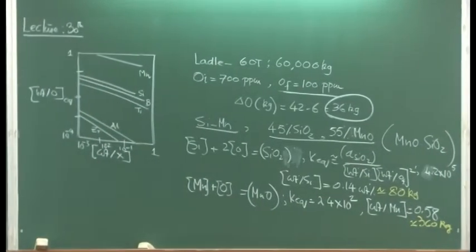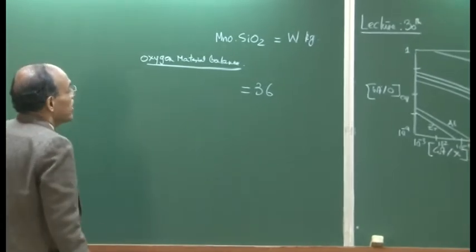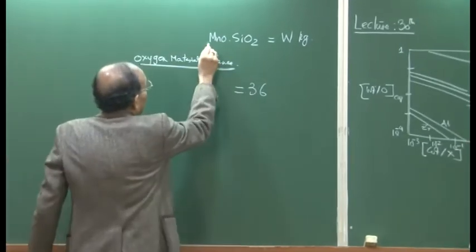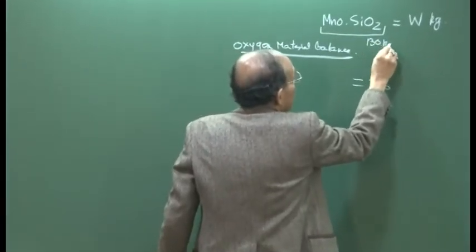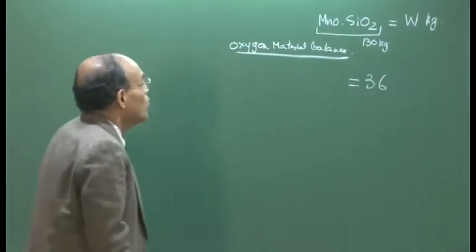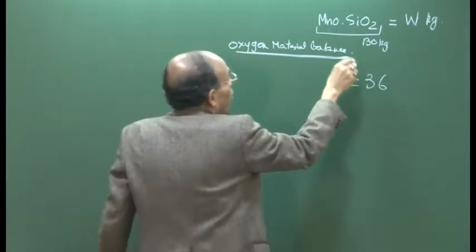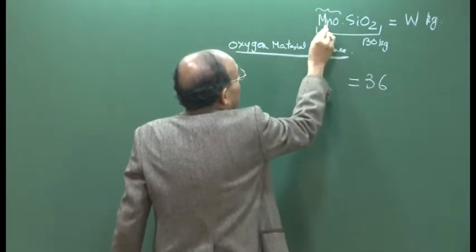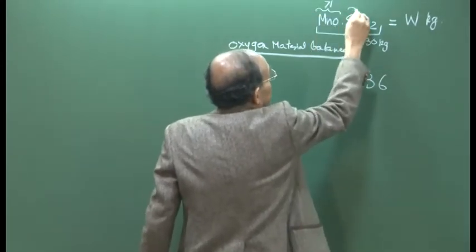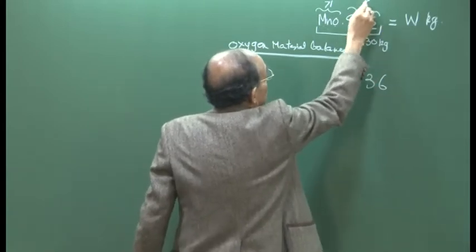So, the right hand side can be written as 36, and we can see that the molecular weight of this is 130 kg. So, in 130 kg we have MnO here. MnO is how much? 55 plus 16 is 71. SiO2 is how much? Si is 28 and O2 is 32, so this is 60.